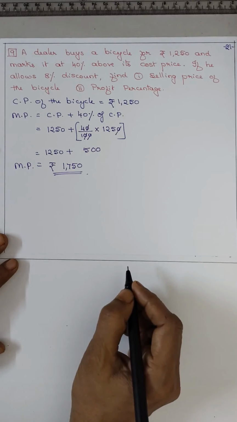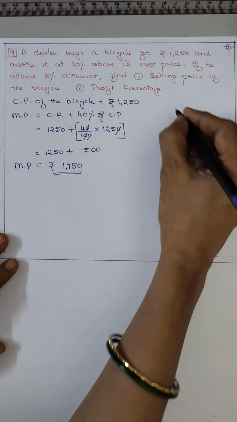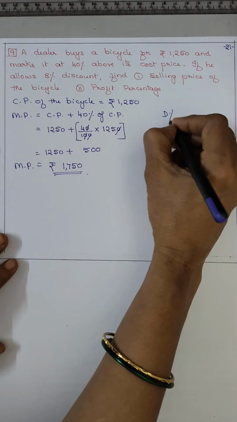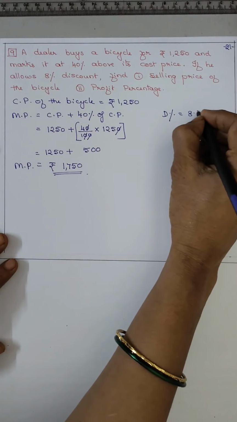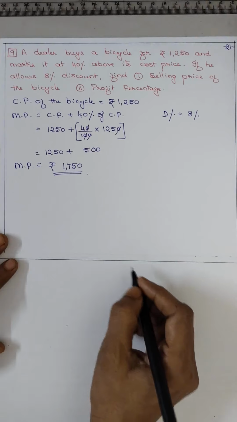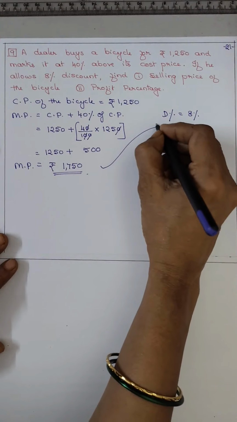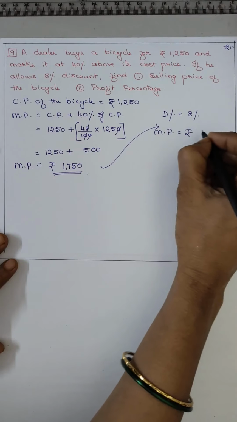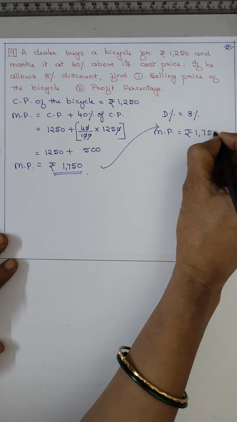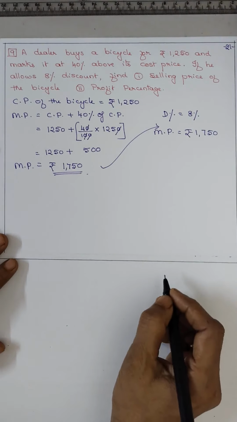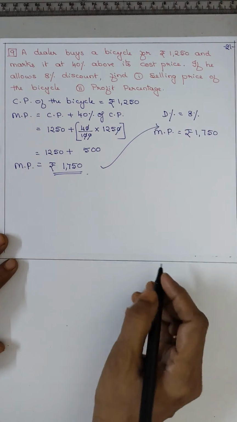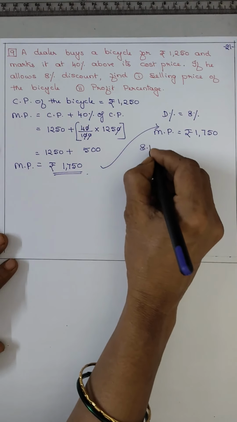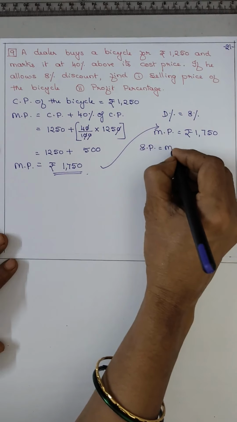Now they have asked, the discount percent is given, 8%. Now MP, how much did you get? 1750. Now find out the SP. What is the formula for SP?